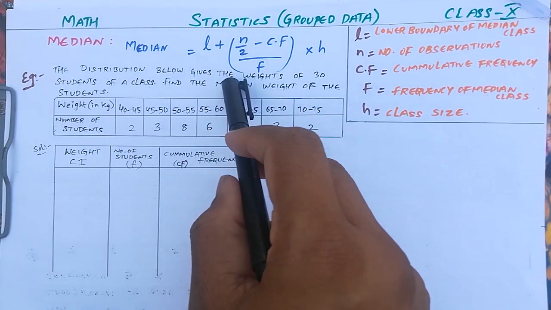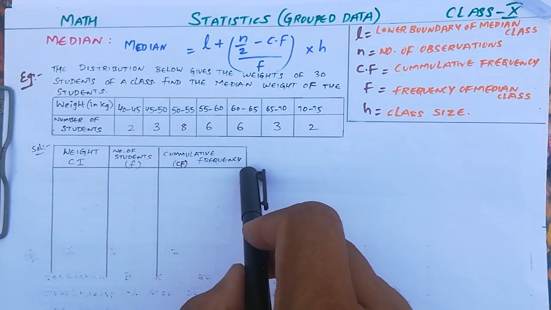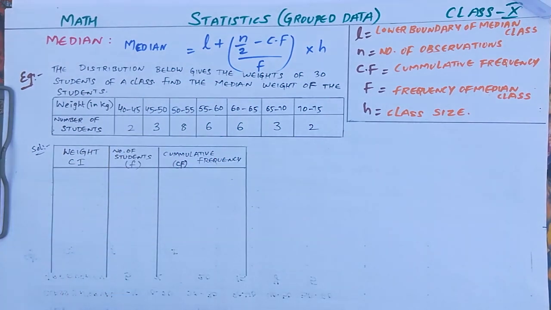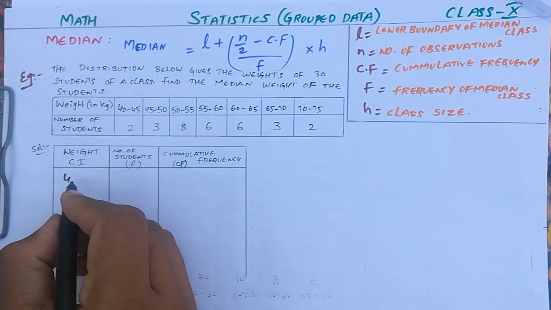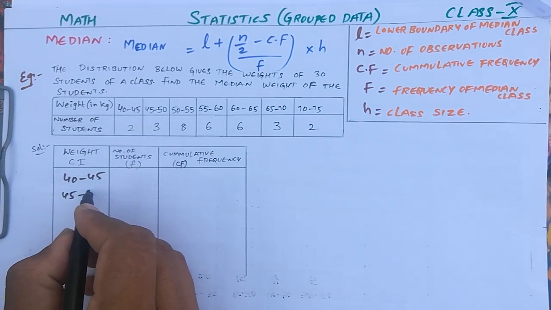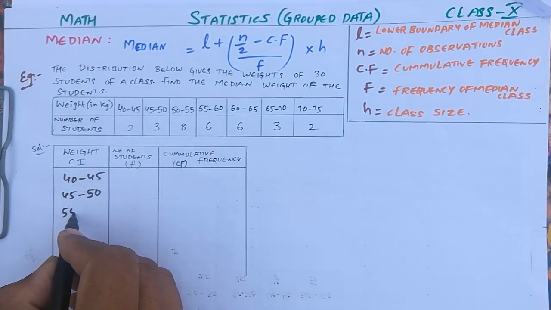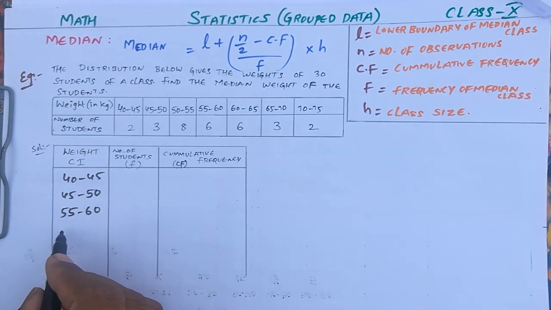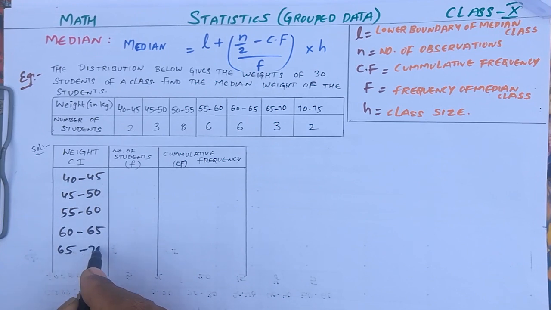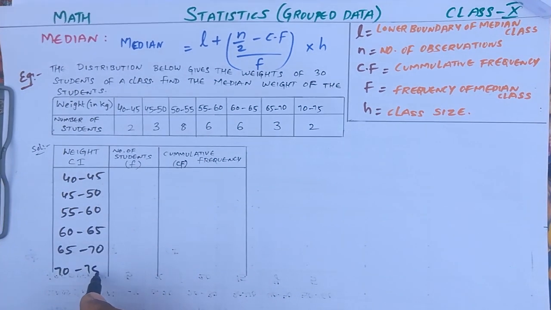For the median, we have a three-column table. The first one is the class interval. What is given, we write: 40 to 45, 45 to 50, the same values. Something is missed here, I missed 50 to 55, then 55 to 60, 60 to 65, 65 to 70, then 70 to 75.